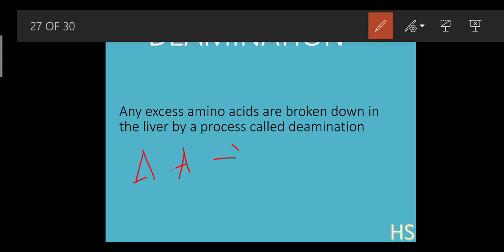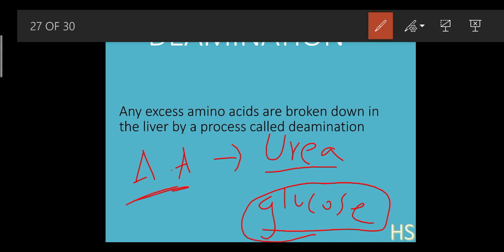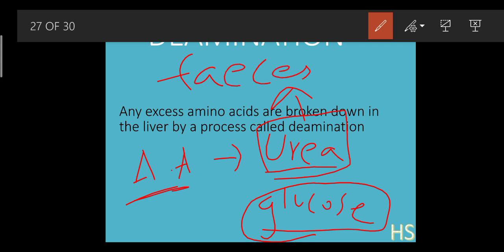When the amino acids get broken down, they get converted into urea, and urea then moves out through excretion, and the part which does not get excreted out of the body gets converted into glucose, which can be utilized by the body.